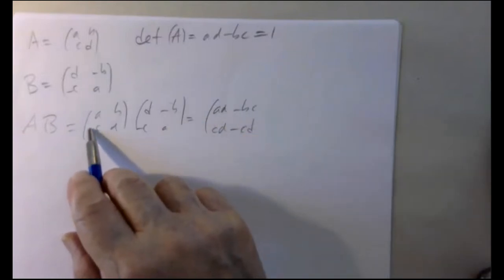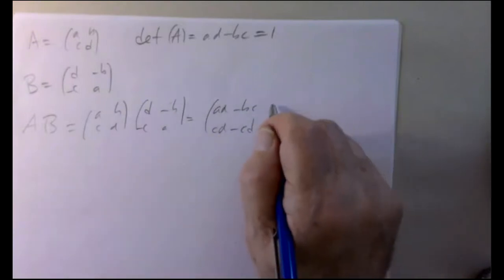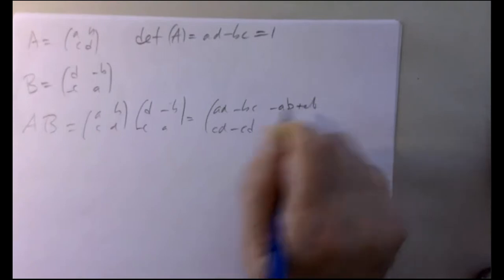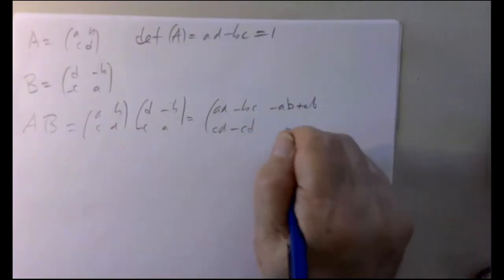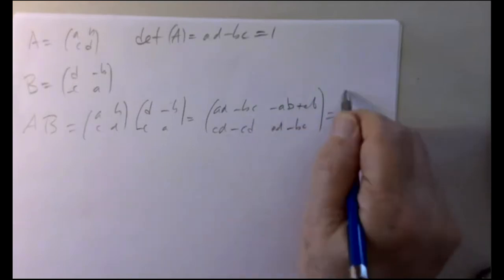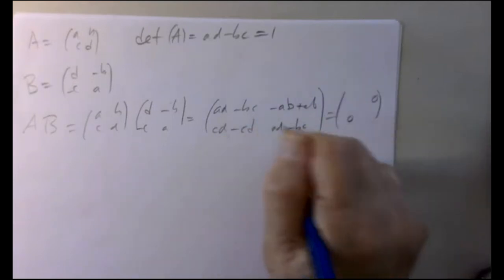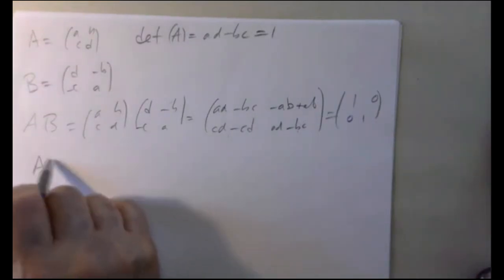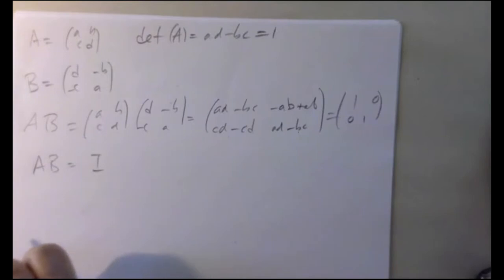See, first row, second column is minus AB plus AB, and minus BC plus AD. And you notice these are 0 and AD minus BC is 1. So AB is the identity.